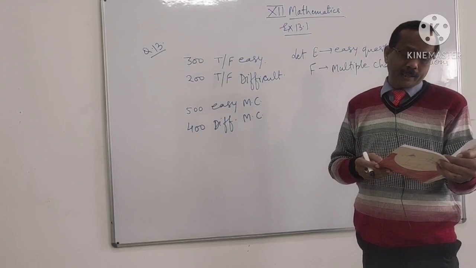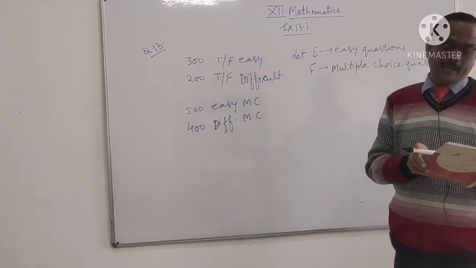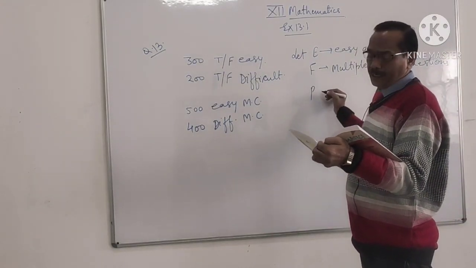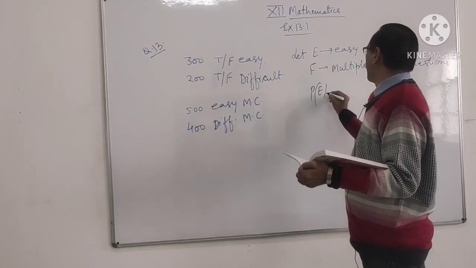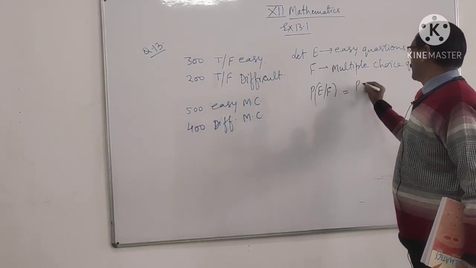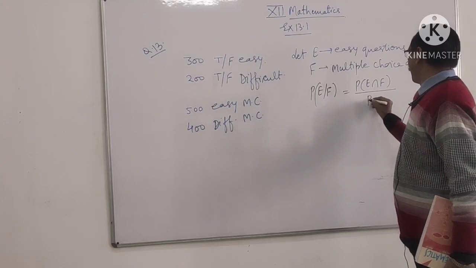Then the question is: what is the probability that it is an easy question, given that it is a multiple choice question? So we have to find P(E|F), which is P(E intersection F) upon P(F).